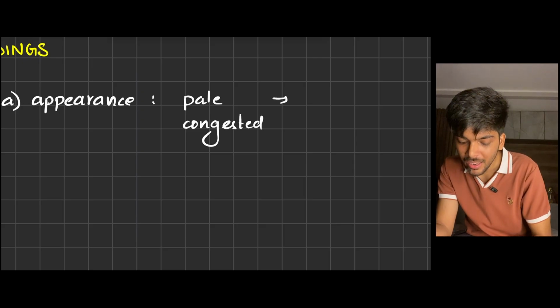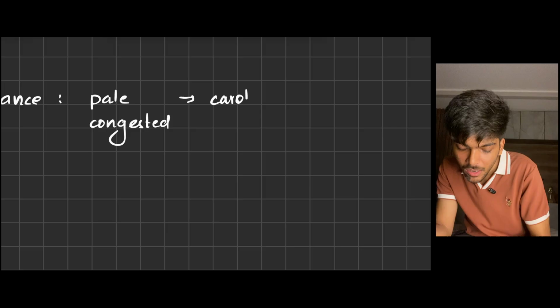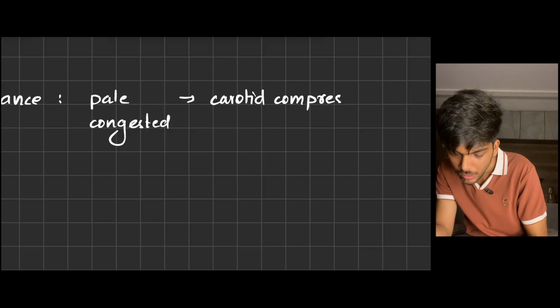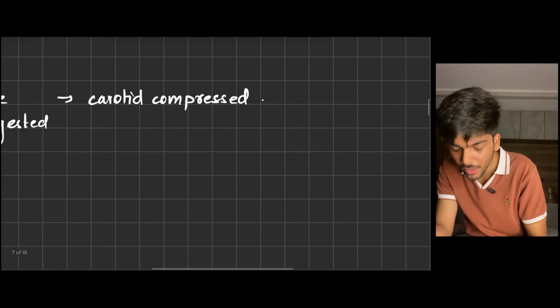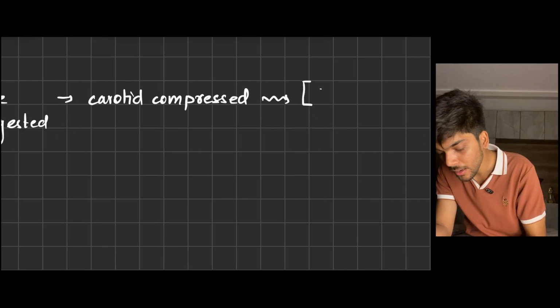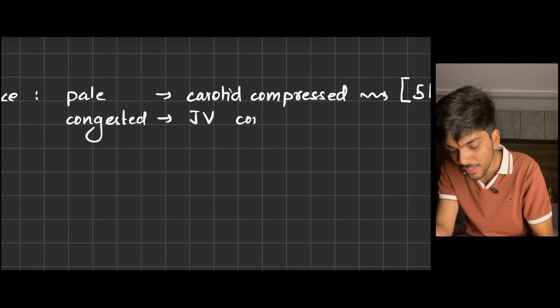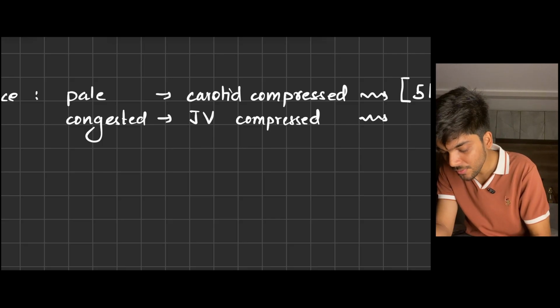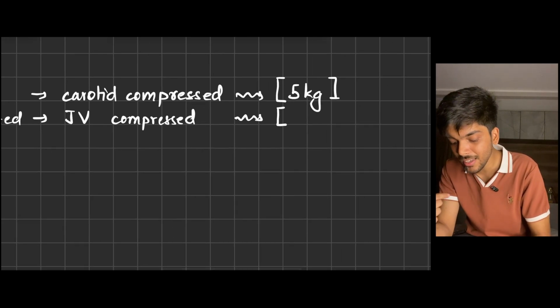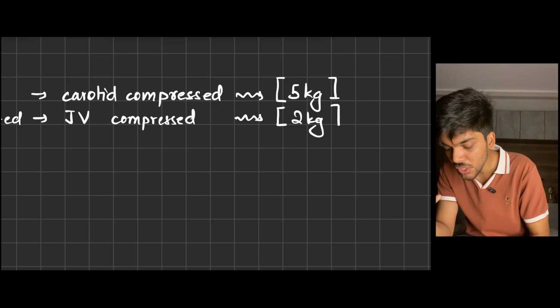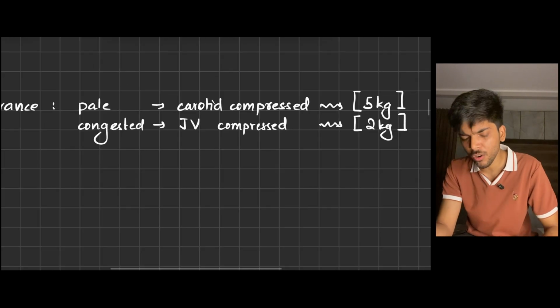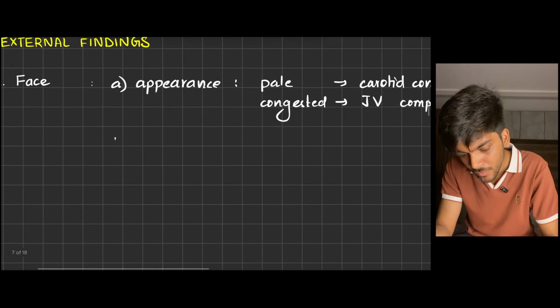It is pale if the carotid gets compressed, because that will lead to reduced oxygenated blood, and hence it is pale; this requires around 5 kg of force. Congested when the jugular vein gets compressed, because if the jugular vein is compressed, there is inhibition of return, and that leads to congestion with deoxygenated blood; this requires around 2 kg of force.